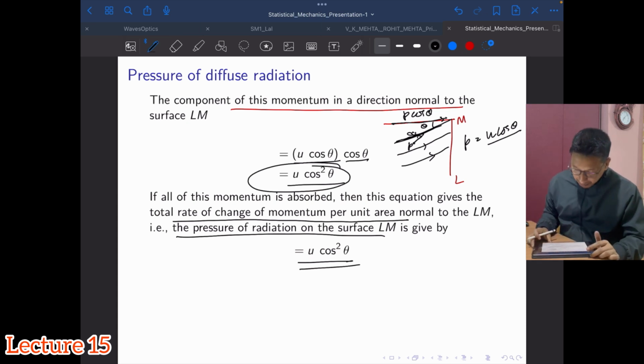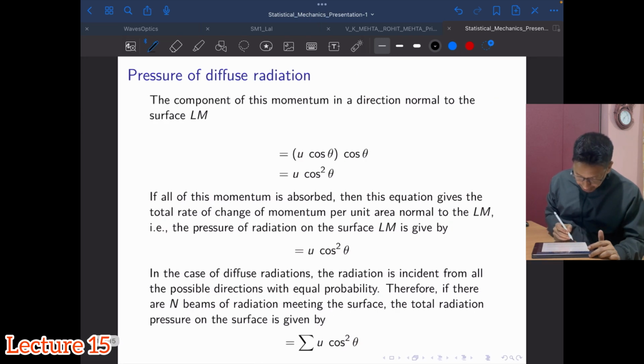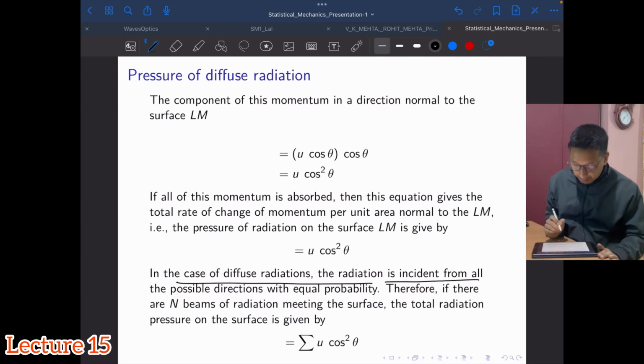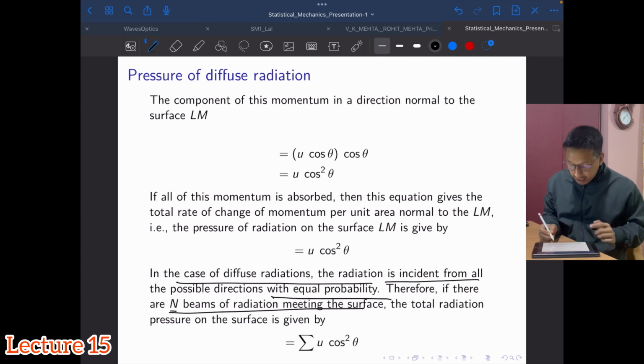In the case of diffuse radiation, the radiation is incident from all possible directions, as we have already talked about, with equal probability. So if you have n beams of radiation meeting the surface, the total radiation pressure on the surface is given by this.